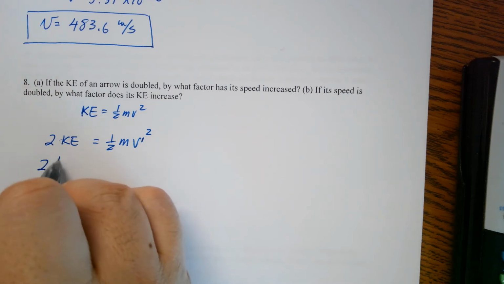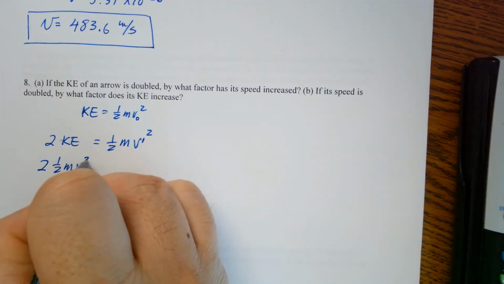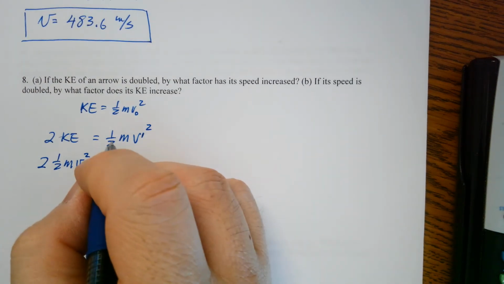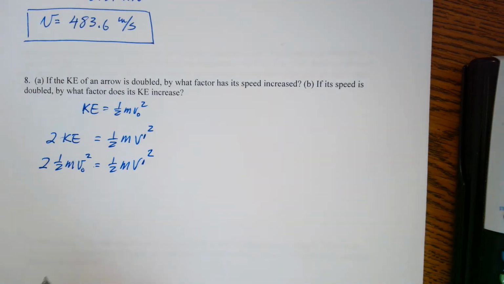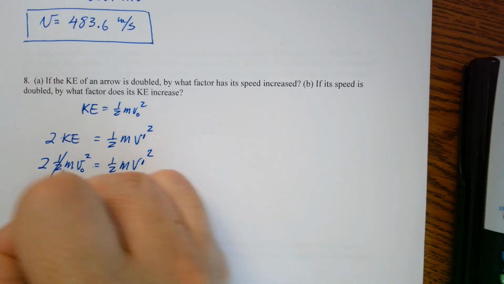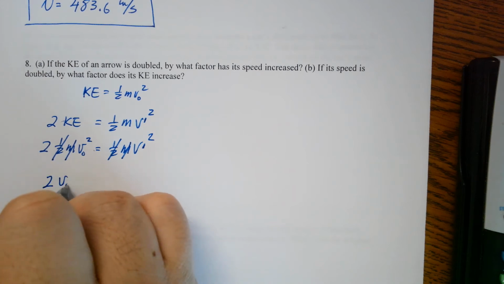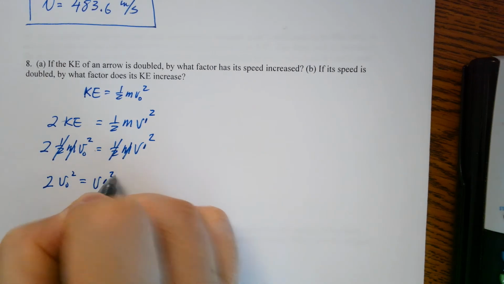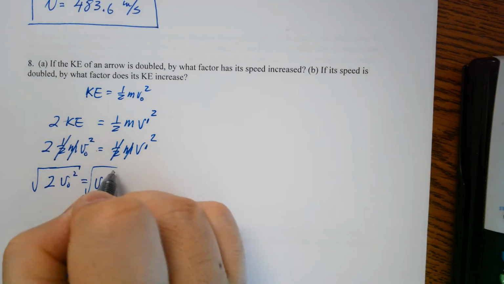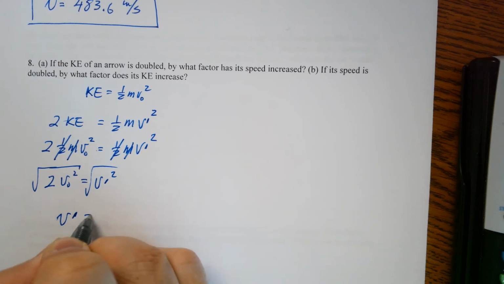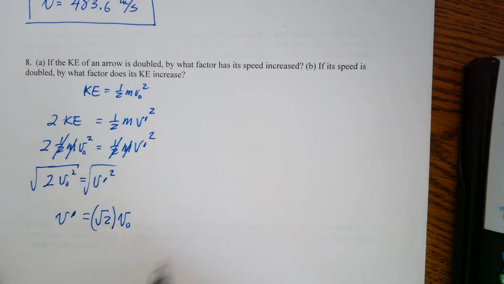The new v, when we double this kinetic energy. So 2 times 1/2 mv naught squared is equal to 1/2 mv prime squared. So notice how the 1/2 m's can cancel out. So we have 2v naught squared is equal to v prime squared. And if we square root both sides, what we get is v prime is equal to radical 2 times v naught.